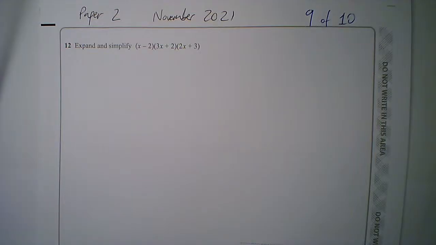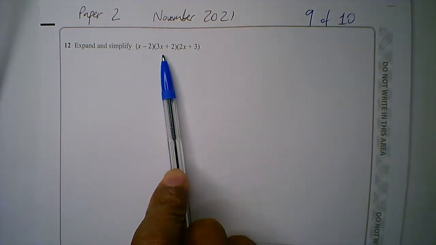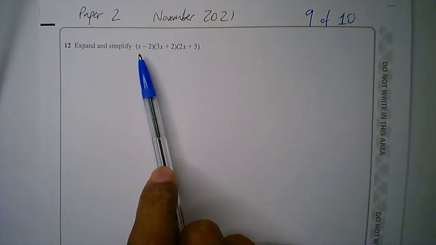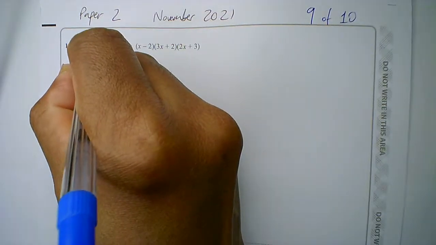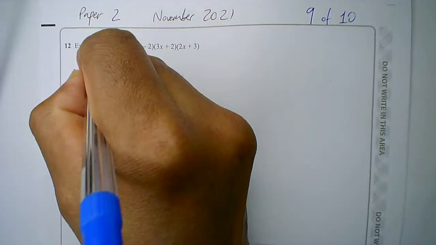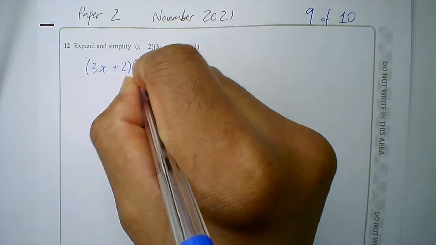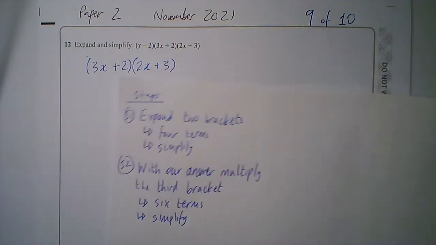So with this question, if I look at this, I've got x minus 2, 3x plus 2, and I've got 2x plus 3. So I'm going to keep it simple. I don't want to deal with negatives, so I'm just going to multiply the positives together first. So 3x plus 2 times 2x plus 3. So that's what I'm going to choose. And remember my steps.